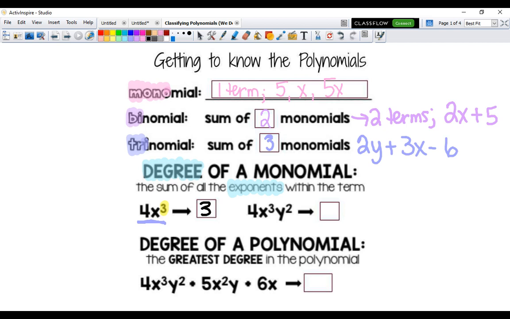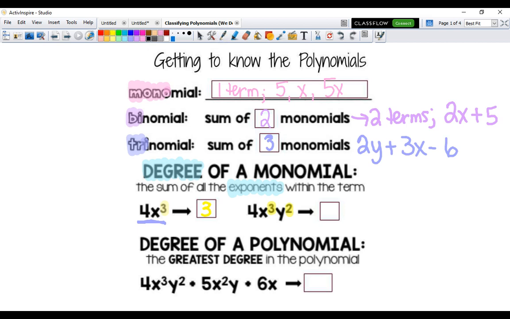But in the example 4x cubed y squared, I have more than 1 exponent. I have an exponent of 3. So in 4x cubed y squared, I have 2 different exponents. I have an exponent of 3 and I have an exponent of 2.